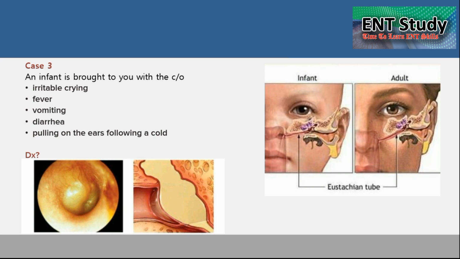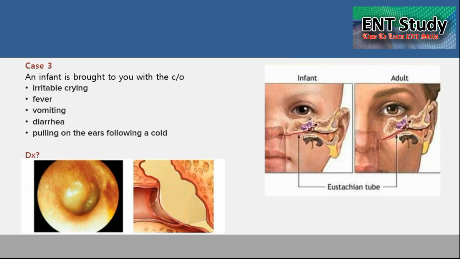This is acute otitis media following an upper respiratory tract infection, which led to the inflammation of the mucosa of the eustachian tube and the trapping and collection of the fluid behind the tympanic membrane.